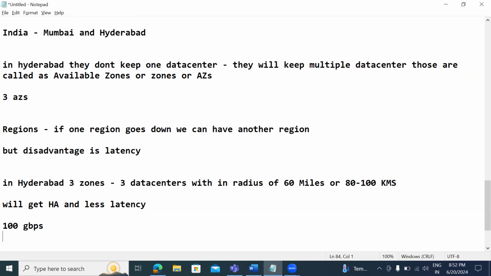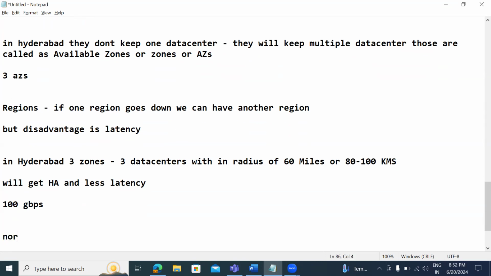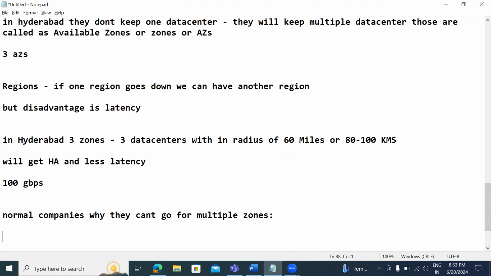Why can't normal companies go for multiple zones? Suppose Wipro, DXC or HCL, why can't they go for multiple zones? Because it's very expensive. But for AWS, that's not a big issue.